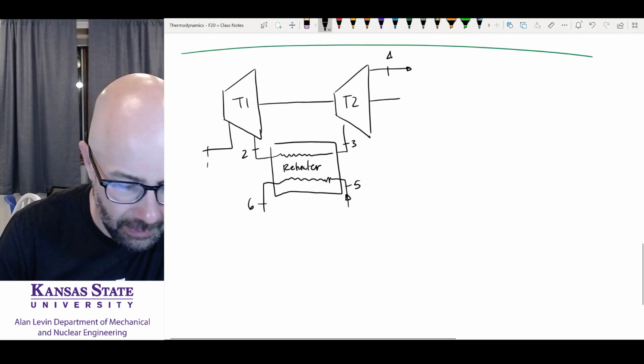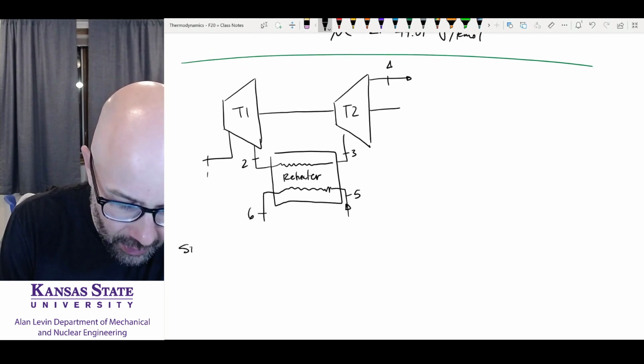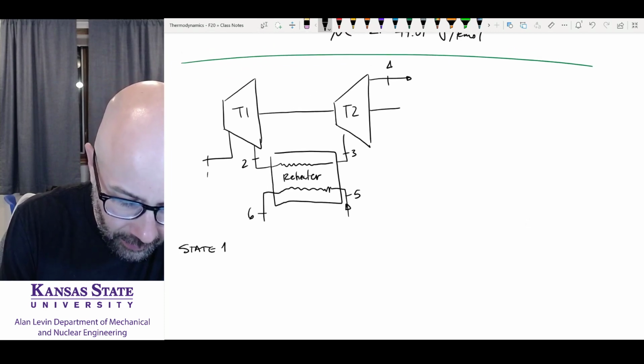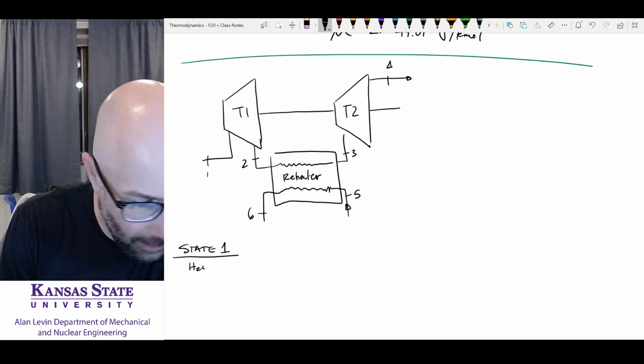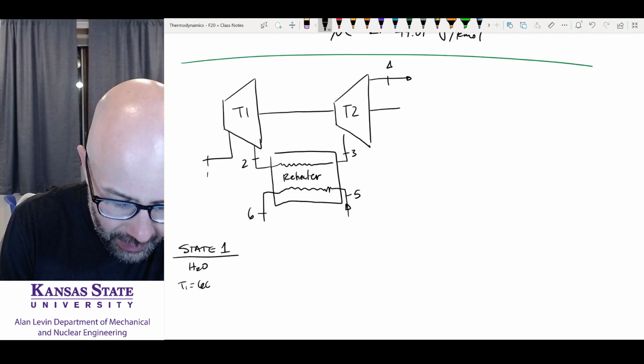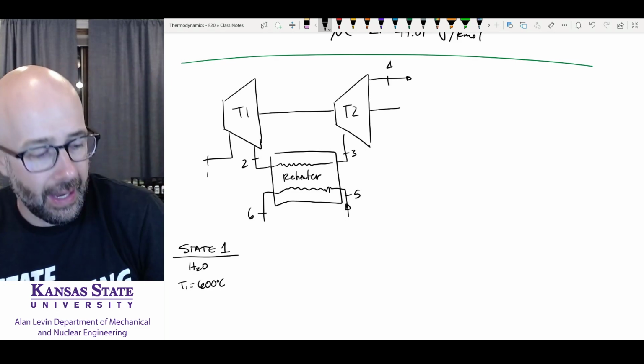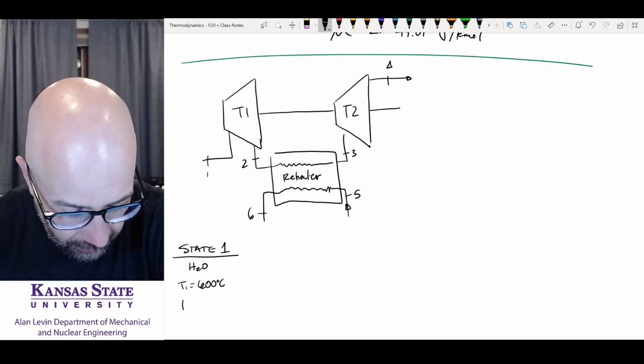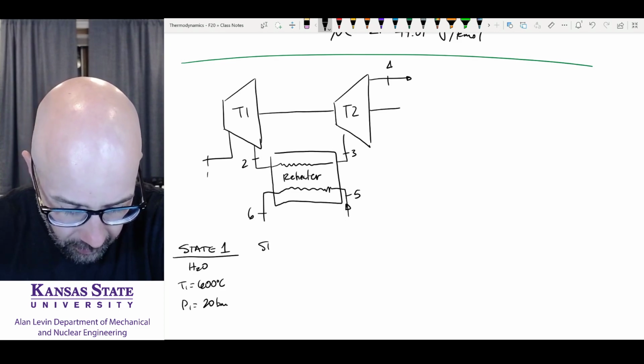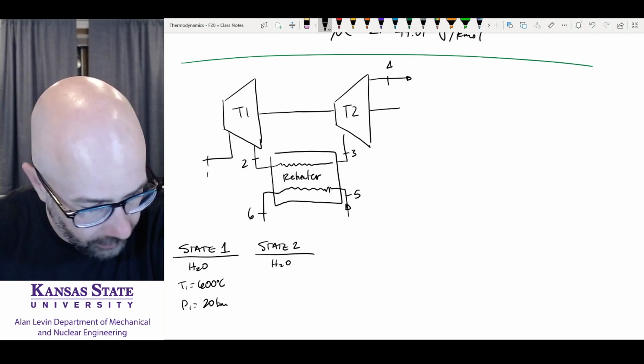Okay, so let me give you some state information here. So state 1, we have H2O, and it's going to have a temperature 1 equal to 600 degrees Celsius, and a pressure 1 equal to 20 bar. State 2, it's water.